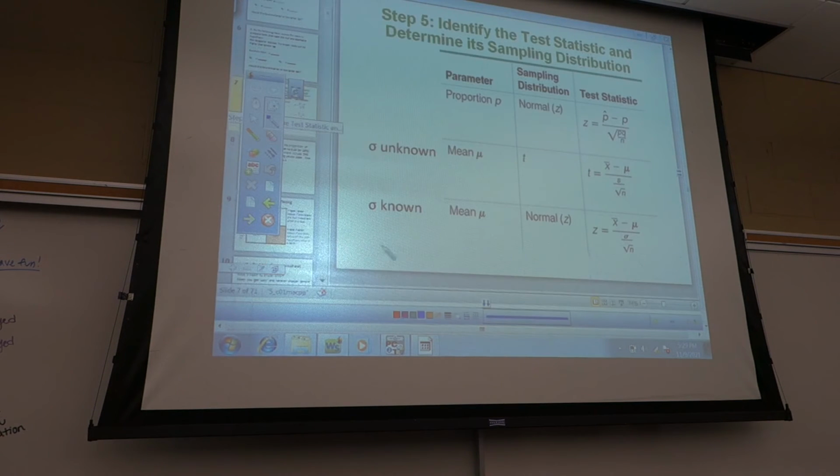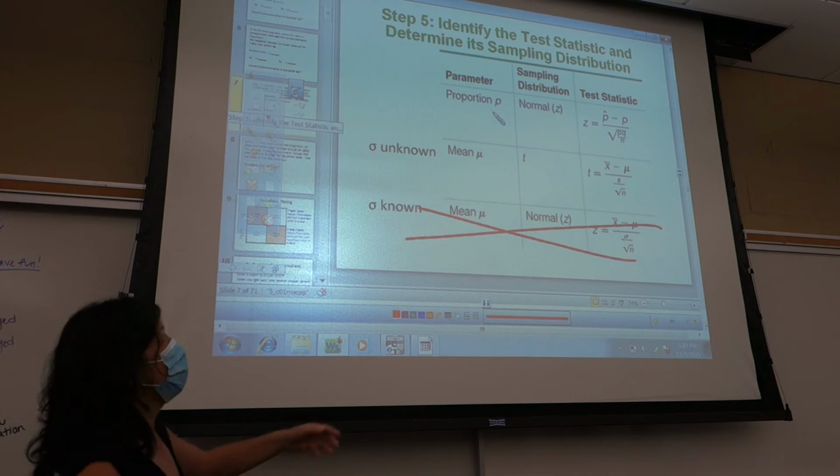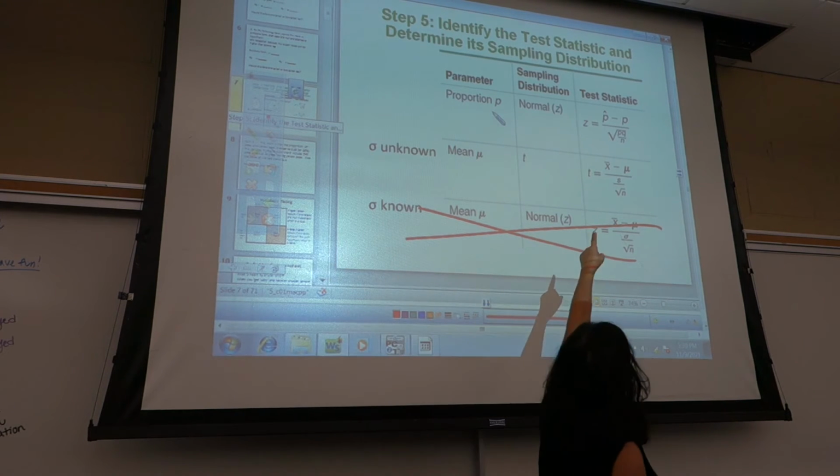Terrific. Then, this was on your sheet. We also covered this. Remember, when the mean is known, we're never going to cover that, so cross that out. If it's a proportion, easy peasy, proportion, P, Z table, Z score. The test statistic is a Z-score.